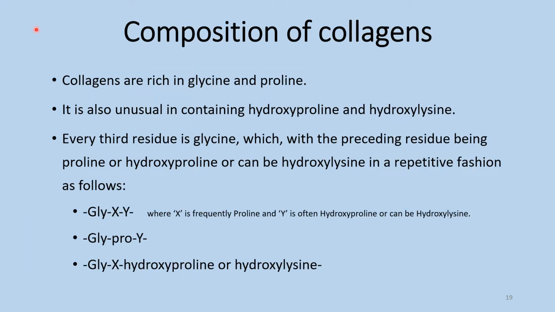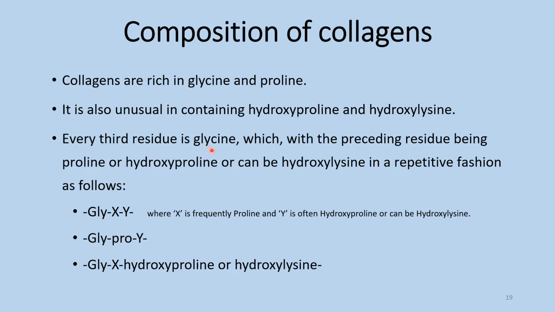As for the amino acid composition, collagens are rich in glycine and proline, but some lysine is also present. Collagens are unusual because they contain hydroxyproline and hydroxylysine, which are not generally found in other proteins.